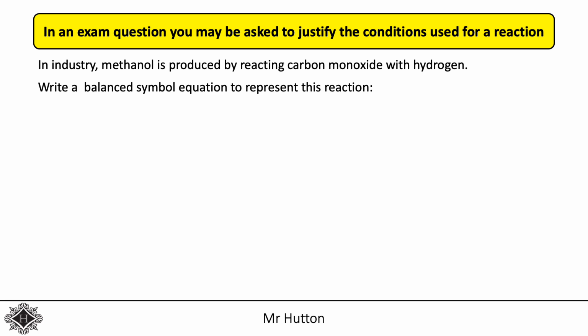You should know the formula for carbon monoxide. We did mention carbon monoxide in the early video on collision theory, and you should remember that hydrogen is diatomic, so that means it goes around in pairs. So with that information, try and write a balanced symbol equation for the reaction. Pause the video and have a go.